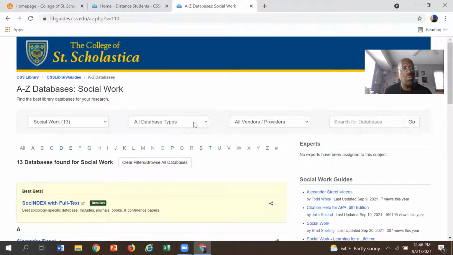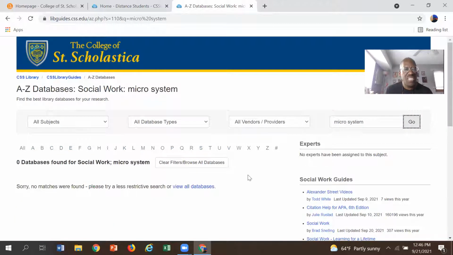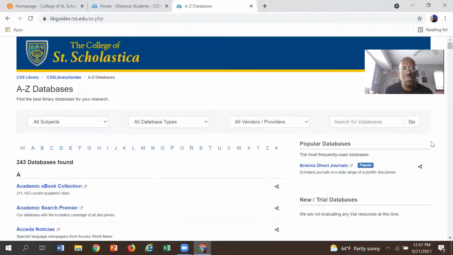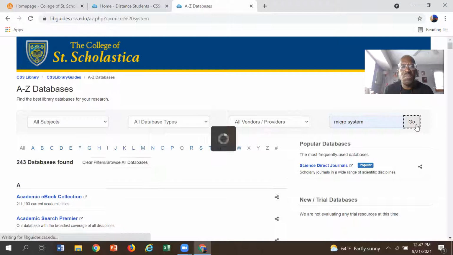And so what we'll do is try searching a database. Let's see what happens if we type microsystem. Okay, there's nothing in there about microsystems. Let's see if we have any in those databases, so let's view all databases. Let's go microsystems again.